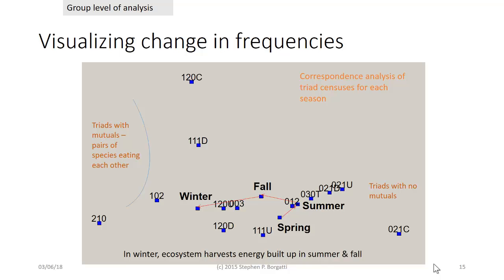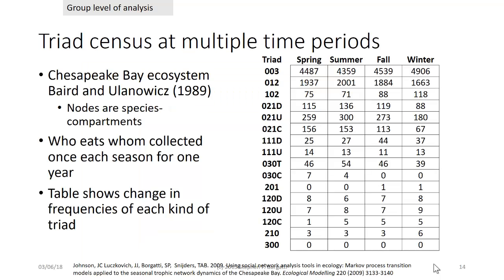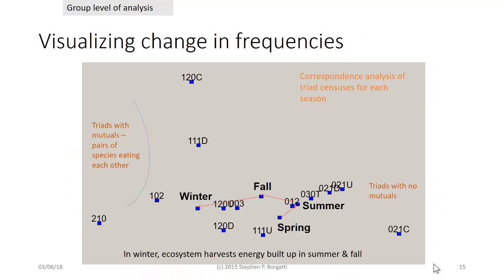So it's a way of representing a matrix like this one that has rows and columns, all in the same sort of geographic space. And 2 items are put next to each other if they have the same profile across all the triads, with the same numbers.